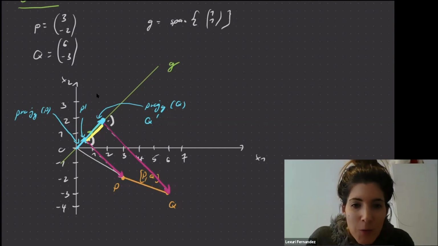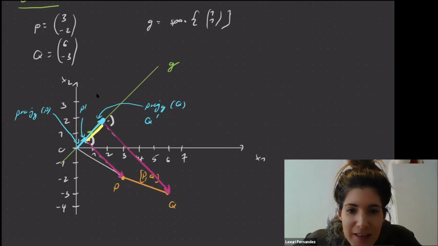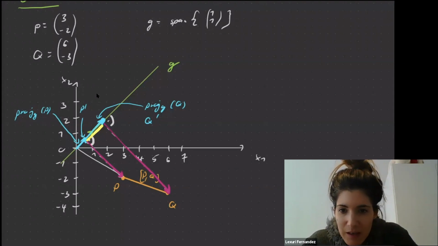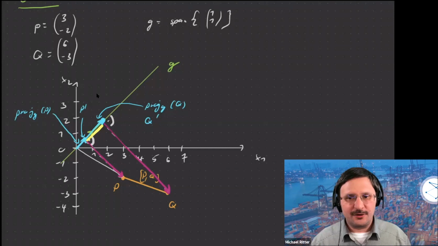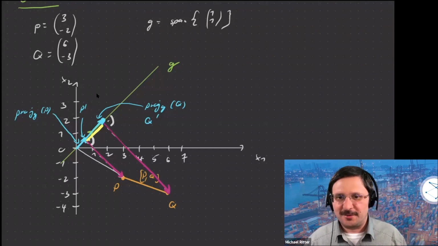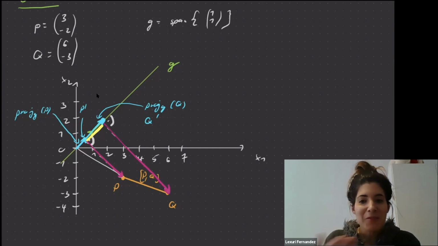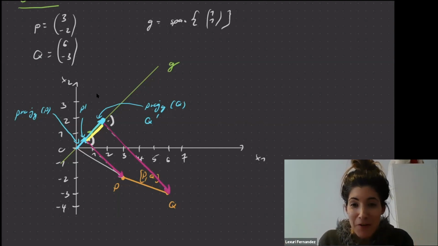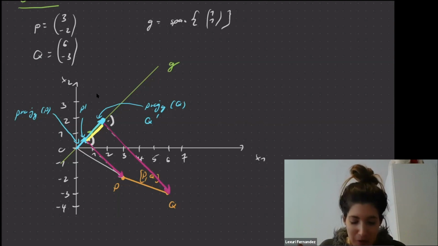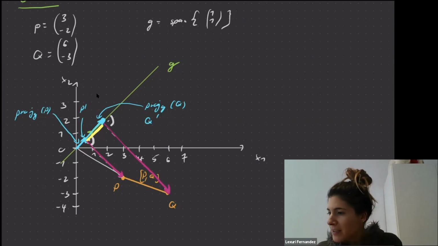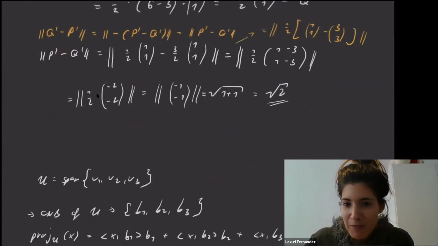Okay, now why determine the distance between P prime and Q prime? Well, we are determining that because it asks for that in the problem statement. Or is there more to the question? Maybe this one we cannot really answer, because I would have to read the formula. If you have the norm of 1/2, 1, 1 minus 3 half, 1, 1, so writing P prime and Q prime, right?